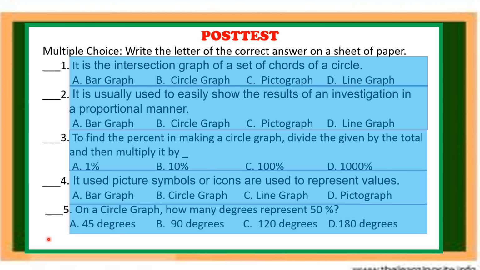For the last number, on a circle graph, how many degrees represent 50%? Letter A, 45 degrees. Letter B, 90 degrees. Letter C, 120 degrees. And letter D, 180 degrees.